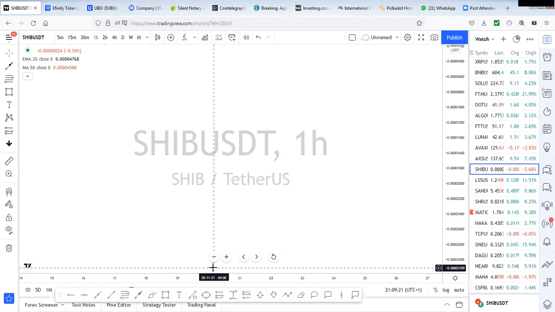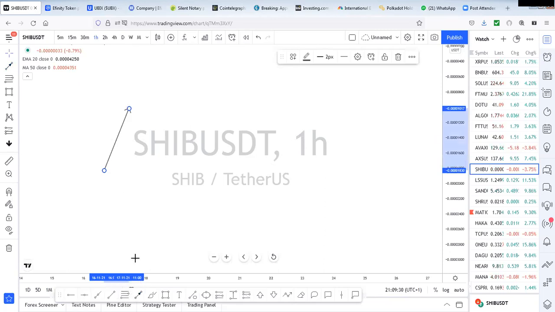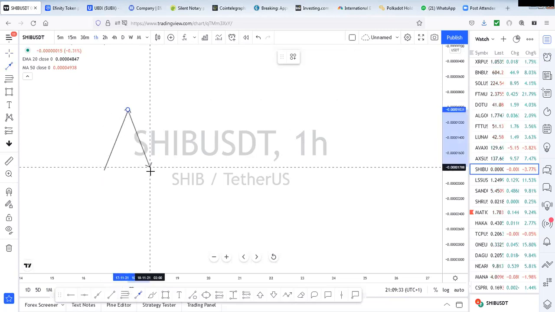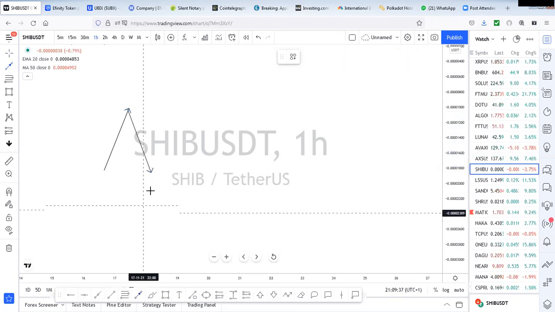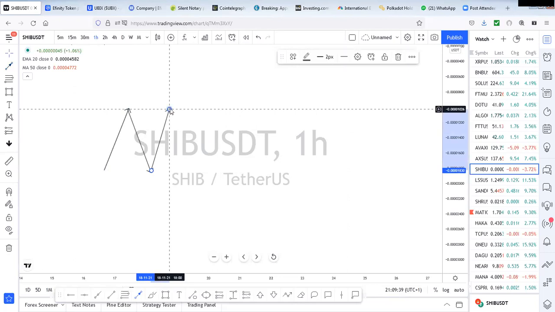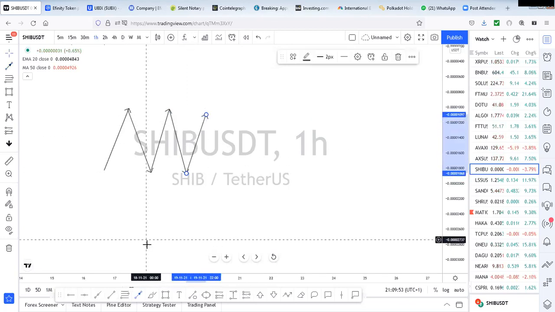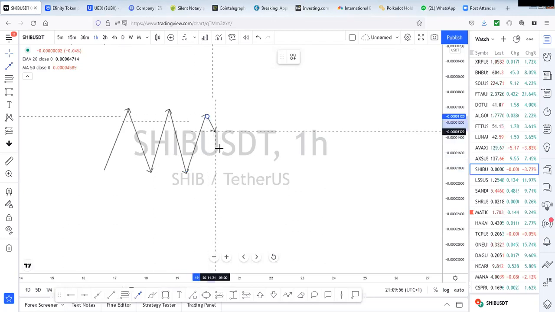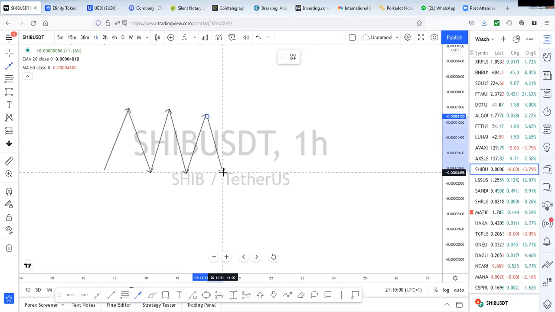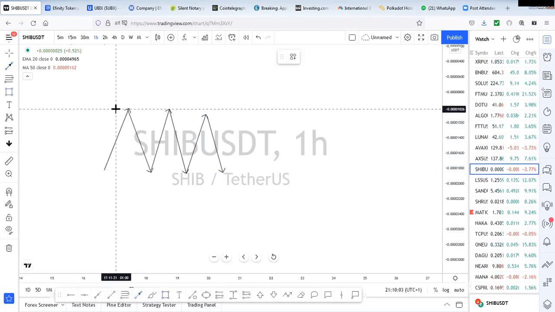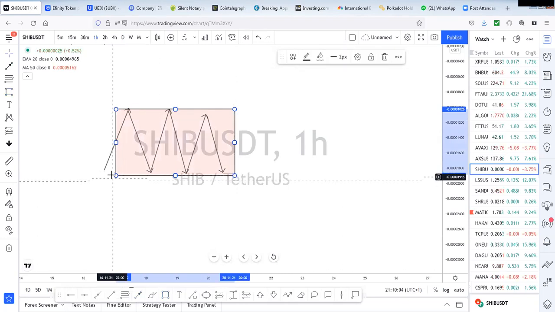When the market is moving like this, this is an example of sideways movement.